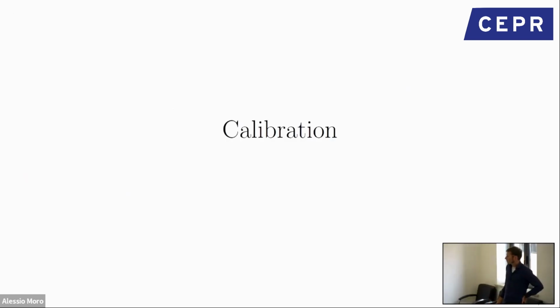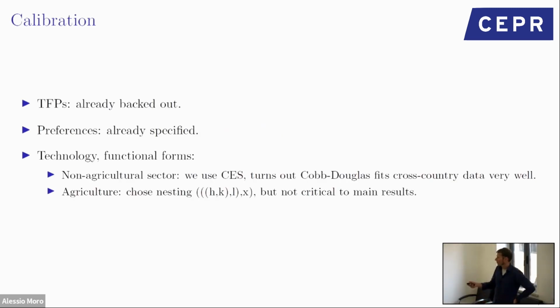Then we put the pieces together, and basically the calibration is very brief because I already estimated these elements that we are going to put in step by step. So we have TFPs, as I already showed you, preferences, as I already specified and estimated in the US time series. And then we're going to use this particular nest, as I showed you initially.